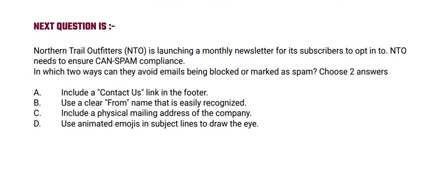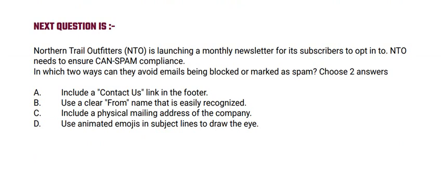Next question is, Northern Trail Outfitters (NTO) is launching a monthly newsletter for its subscribers to opt in to. NTO needs to ensure CAN-SPAM compliance. In which two ways can they avoid emails being blocked or marked as spam? Choose two options.